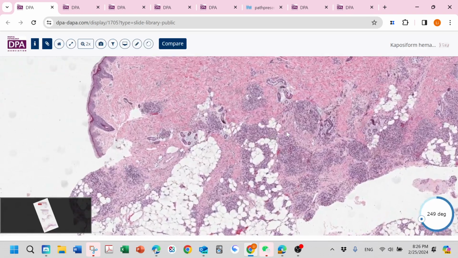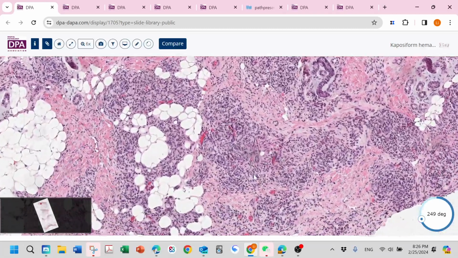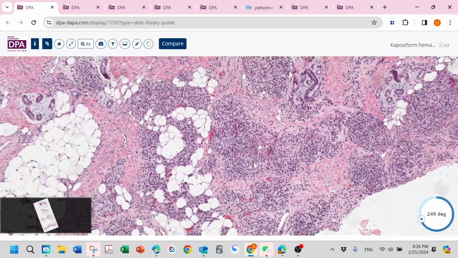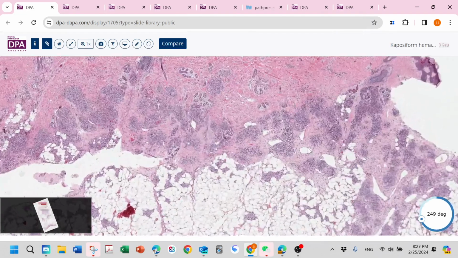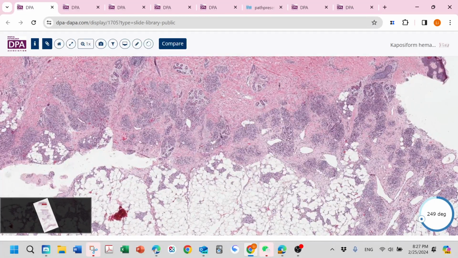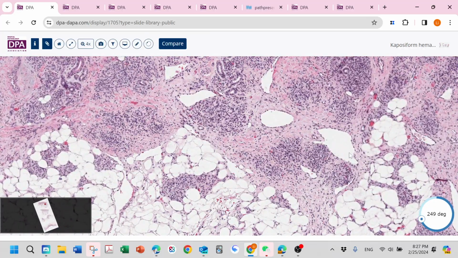If you just see this area, you can see spindle cells proliferating, forming this nodule, highly suspicious for Kaposi sarcoma. But when you see this dilated channel, it is not a blood vessel. When you do the staining, it is positive for D2-40, because this is a dilated lymphatic channel.